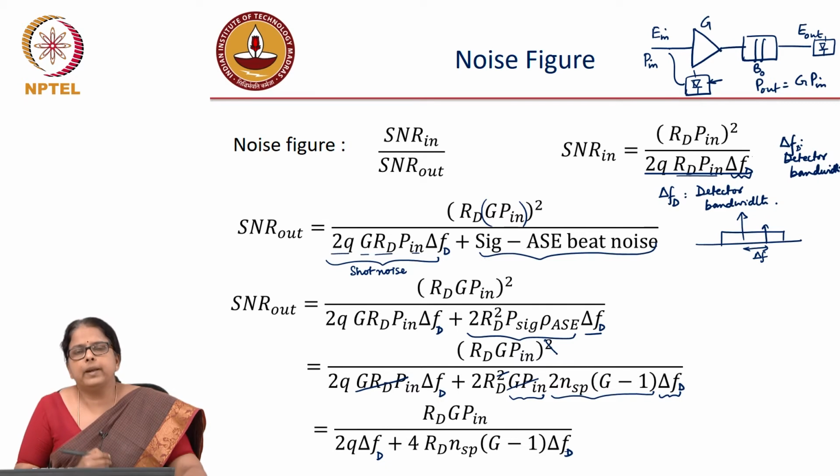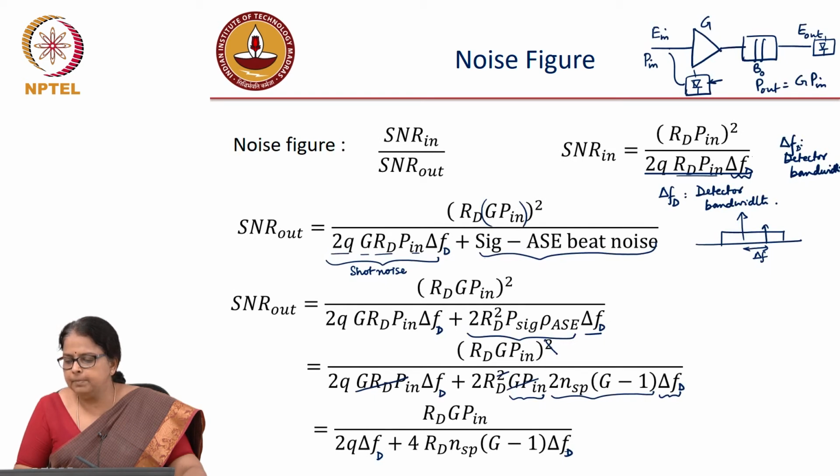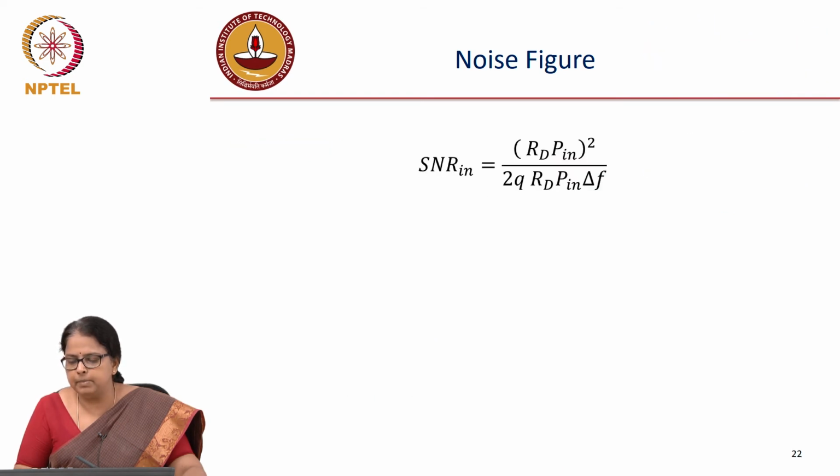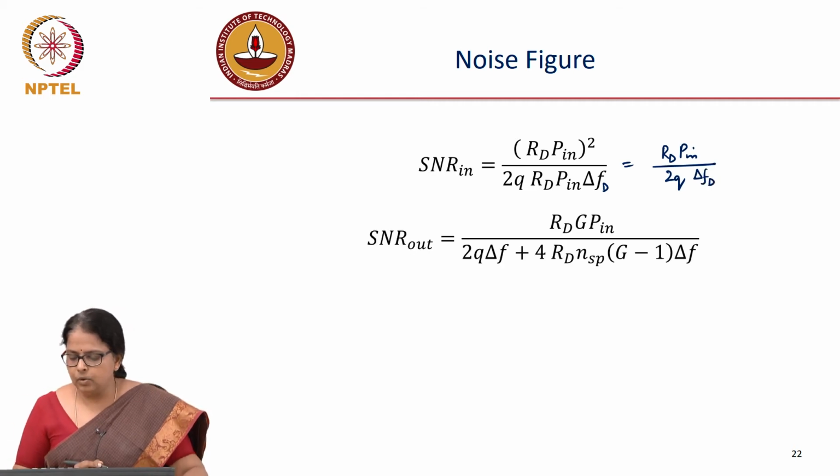I am all equipped to calculate the noise figure. SNR in is R_D P_in squared by 2q R_D P_in, which is nothing but R_D P_in divided by 2q delta f detector, and SNR out is what we just had, R_D G P_in divided by 2q delta f detector plus the noise term.